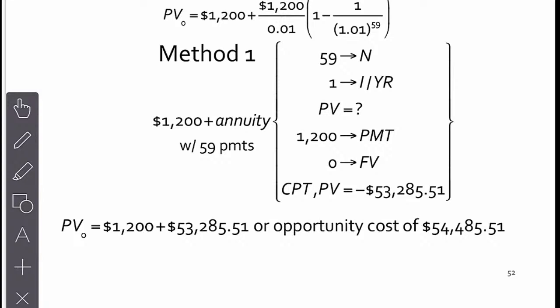So keeping in mind, what we're doing is using the annuity keys to compute the 59 payments. Be careful to make sure that you change the sign of your screen before you add in the initial payment of, oh sorry, 1,200.